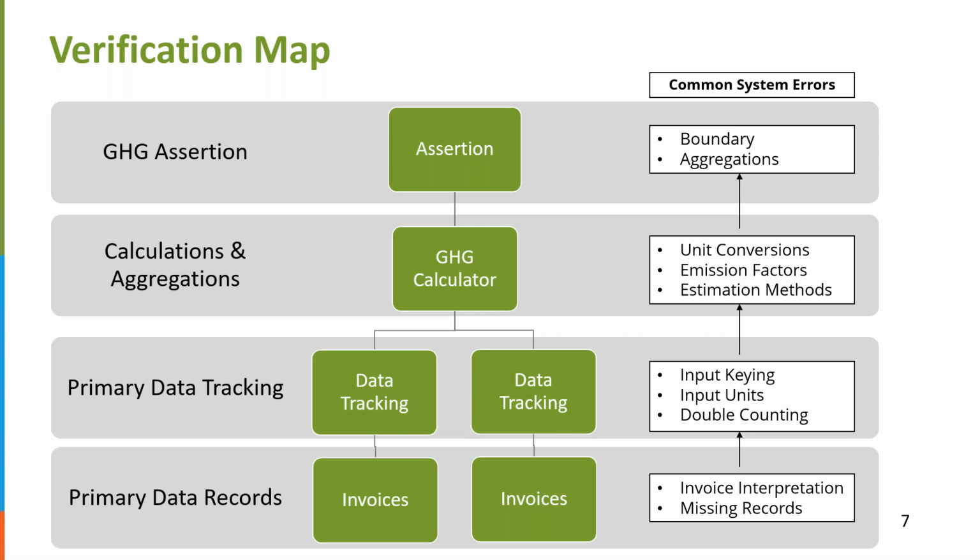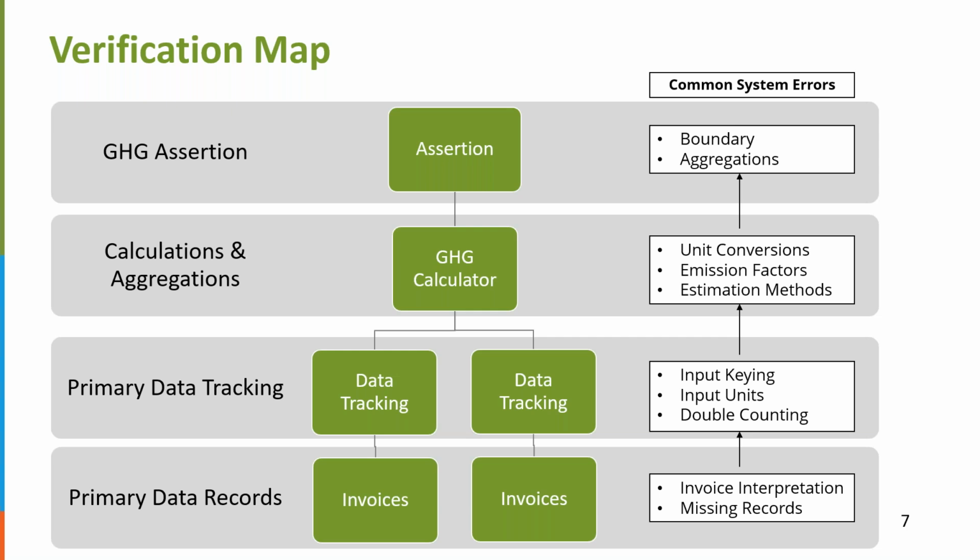Then those are put through further calculations, aggregated, and rolled up into the greenhouse gas assertion. Again, the assertion at the top of the pyramid is the one thing that your stakeholders see. Errors can show up throughout this system with various levels of significance that can affect the final number.